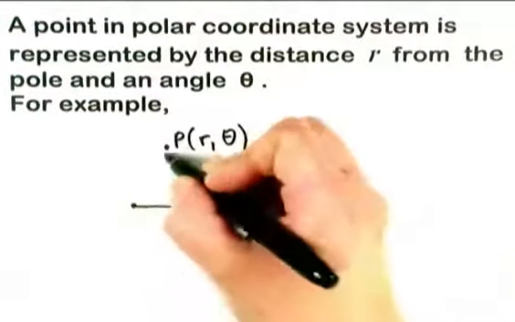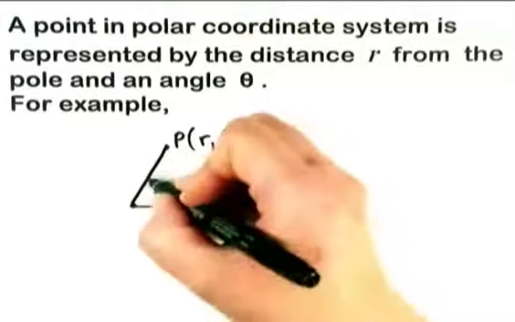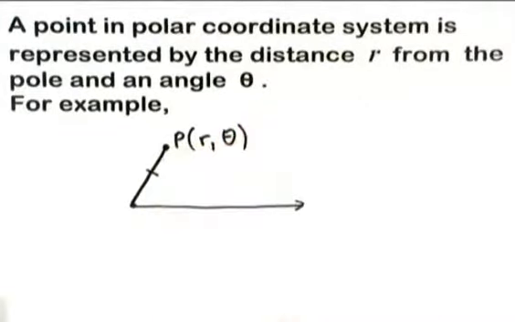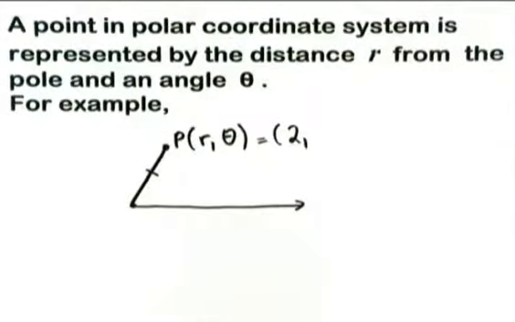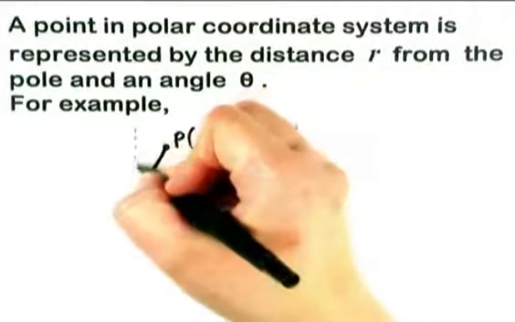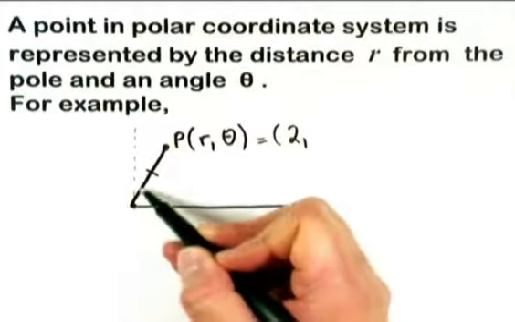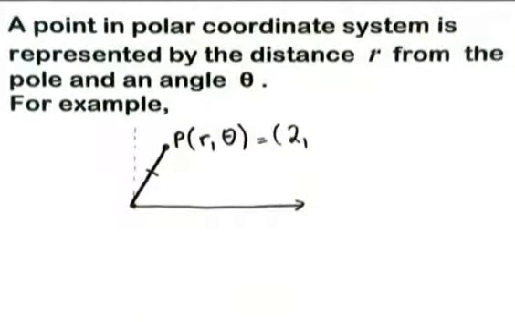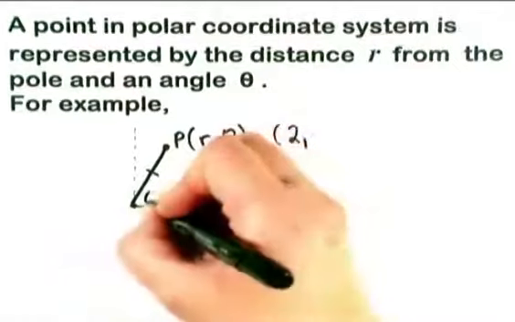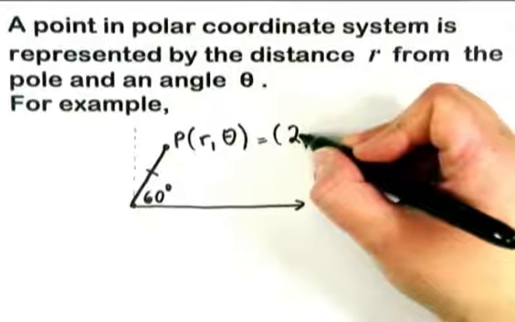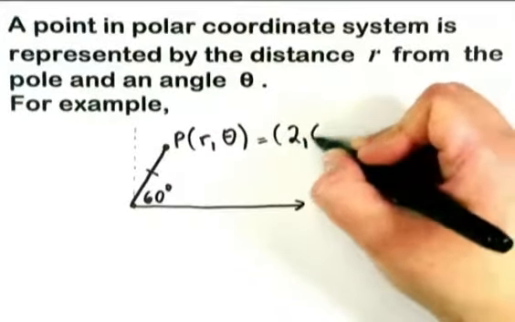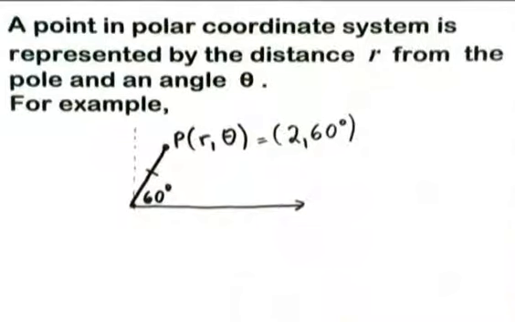If I connect the point with the pole, we can say that this one has distance 2. If we measure or approximate the angle, this angle is 90 degrees, so this would be, let's say, 60 degrees. We would probably need to measure. So this point has coordinates (2, 60 degrees).